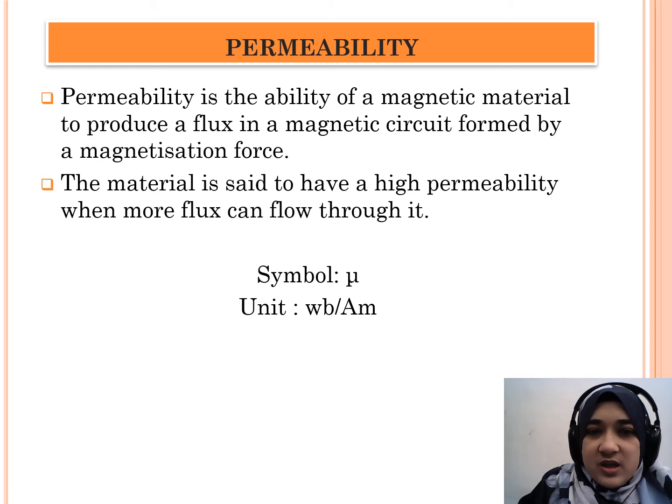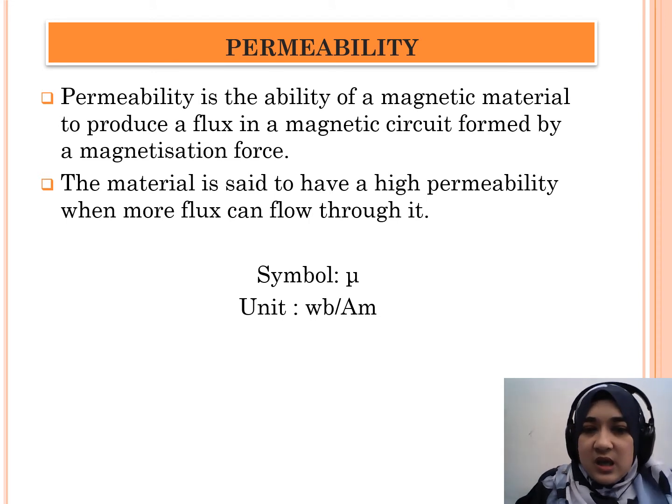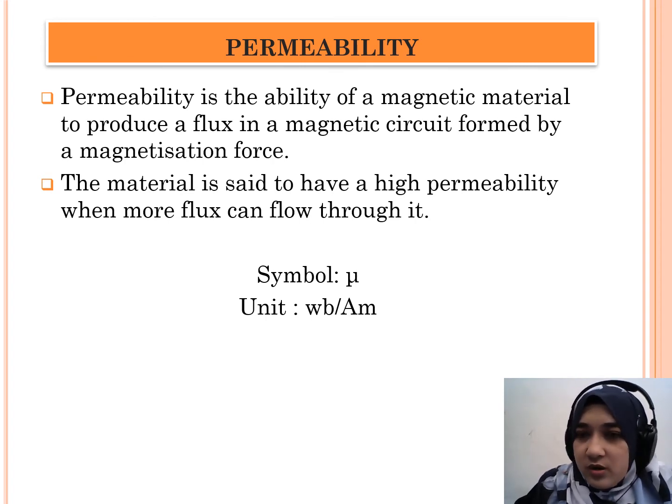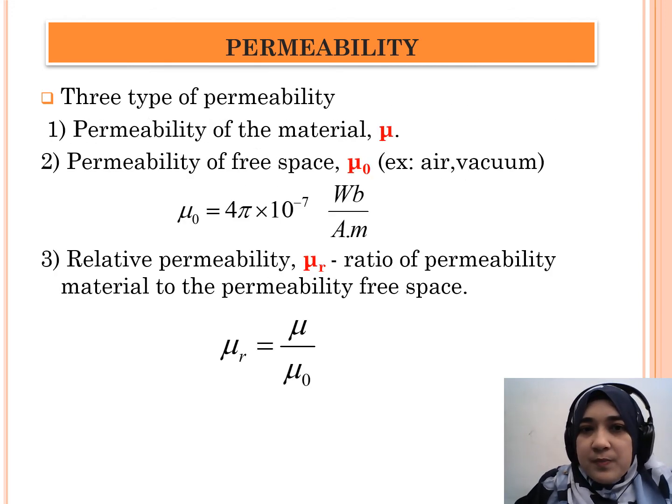A material is said to have high permeability when more flux can flow through it. The permeability symbol is mu, where the unit is Weber per ampere-turn per meter. So permeability mu is equal to mu naught times mu r. What is mu naught? What is mu r?